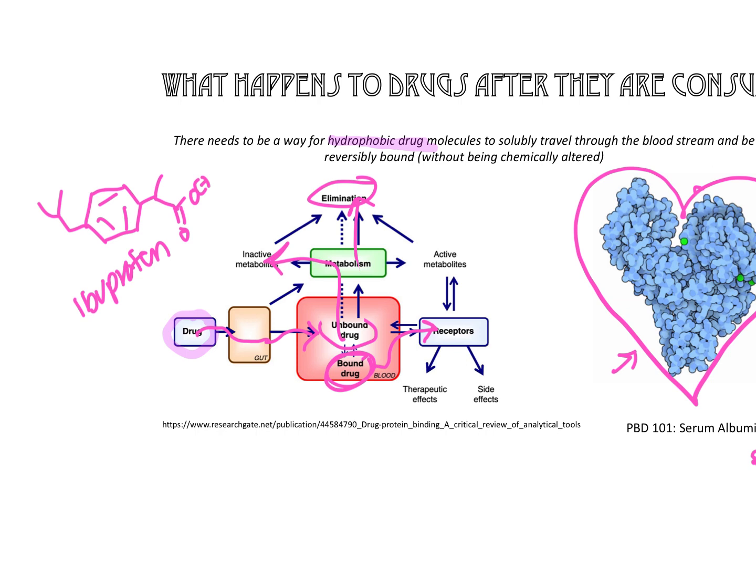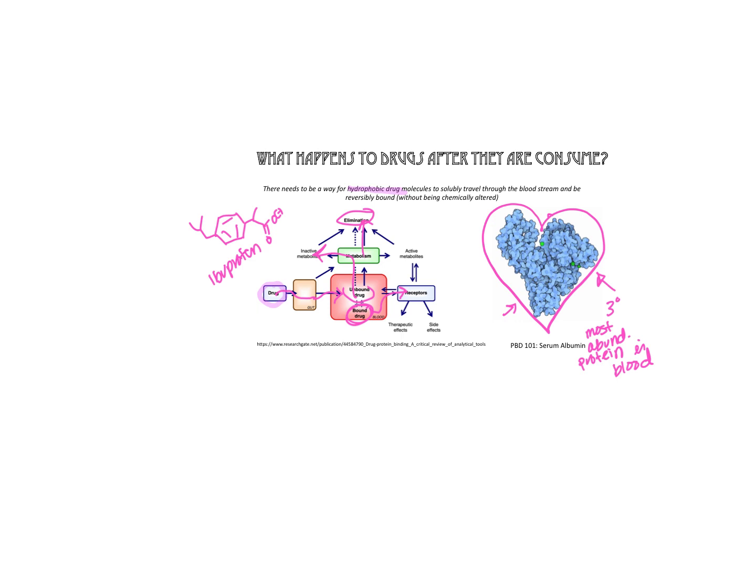So that's kind of what we're going to talk about today, is the binding of drug molecules to serum albumin and how they get to their receptors. But of course, we're going to do it biochemically, so that means we're probably going to talk about numbers.